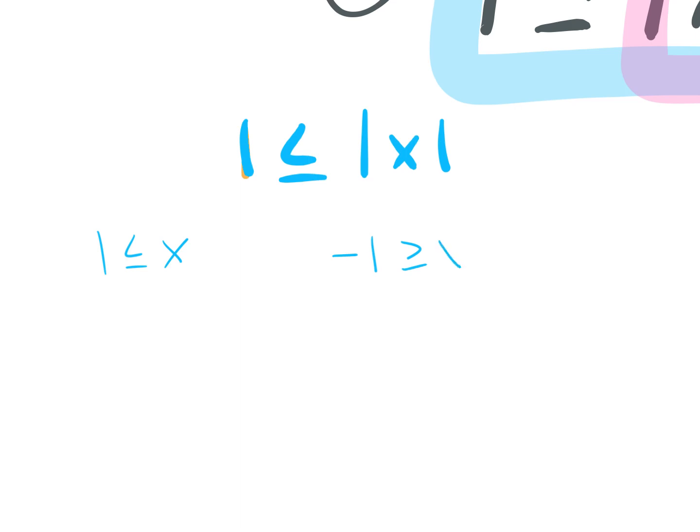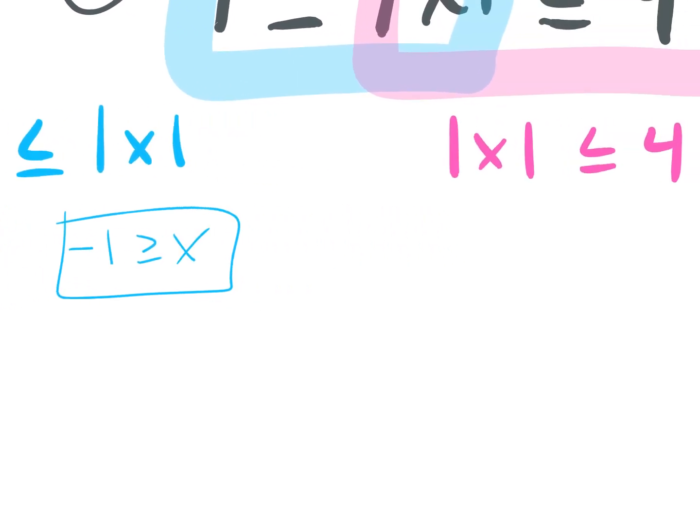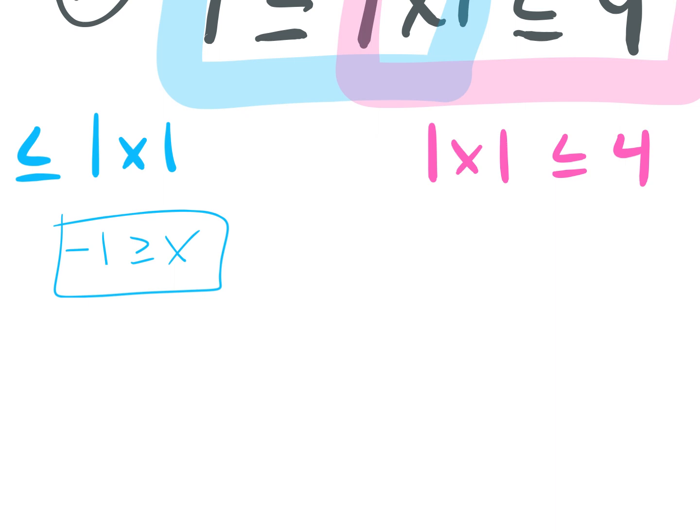Awesome. Negative 1 is greater than or equal to x. So these are technically already solved because we don't have anything else to do. So we've got 2 answers there. For the next one, I have x is less than or equal to 4. What's my other one going to be? x is greater than or equal to negative 4.